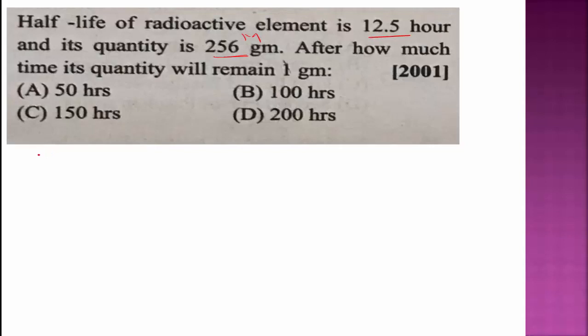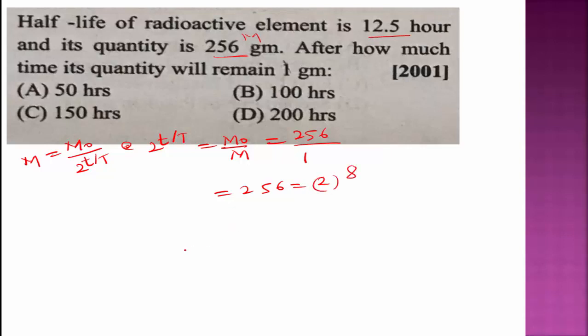Then we reconstruct the formula, N equal to N naught divided by 2 to the power of small t divided by capital T. That formula can now be written in terms of mass, that is m is equal to m naught divided by 2 to the power of small t divided by capital T, or 2 to the power of small t divided by capital T is equal to m naught divided by m. It is equal to 250 gram divided by 1, which is equal to 256. It is 2 to the power of 8.